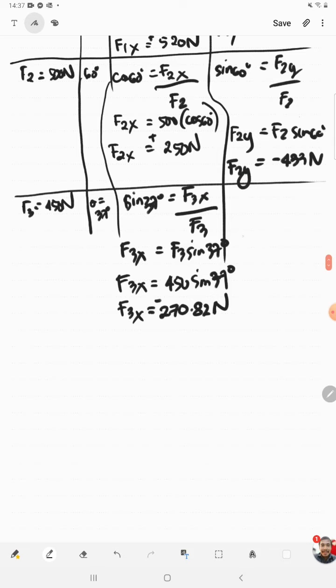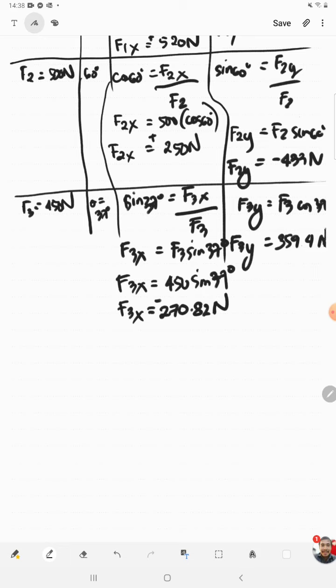In like manner, we also get F3y. F3y is simply F3 cosine of 37 degrees, so F3y is 450 times cosine of 37, which is 359.38 or 359.4 newtons.